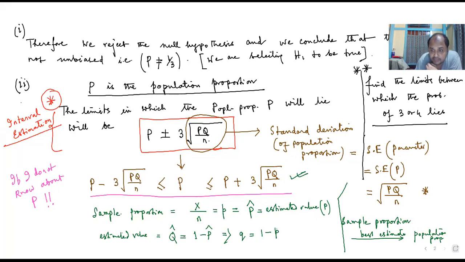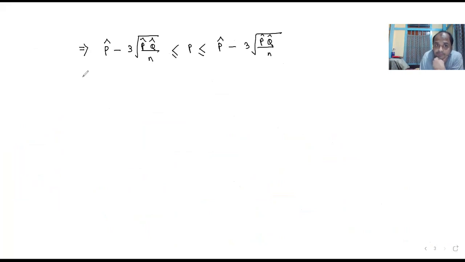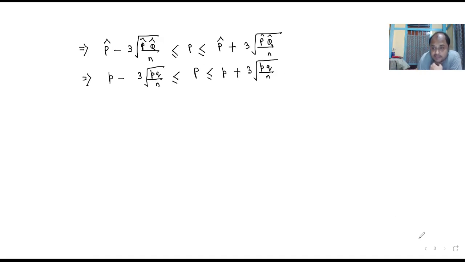Since we do not know capital P, we can rightly say that P cap minus 3 times the square root of estimated P multiplied by estimated Q divided by N is the lower limit and the plus version is the upper limit of the population proportion.